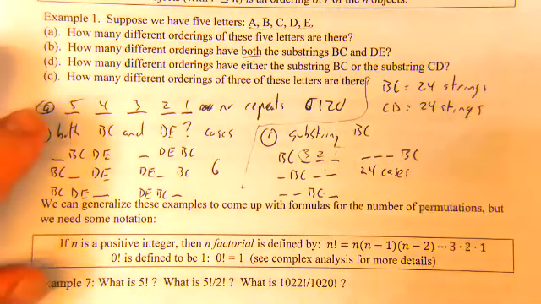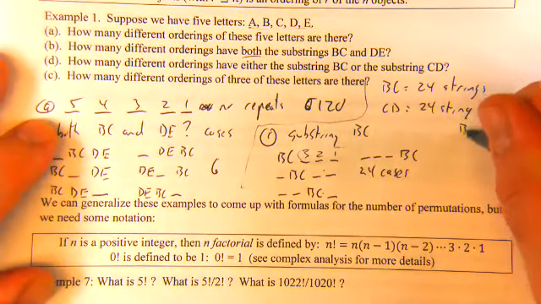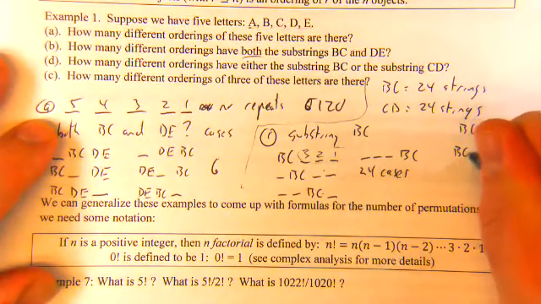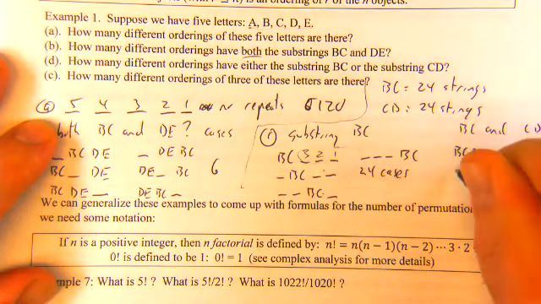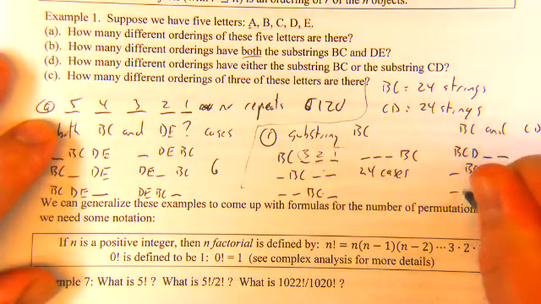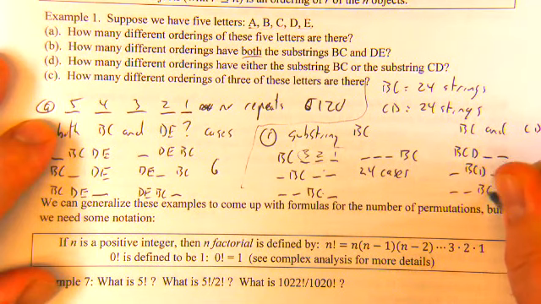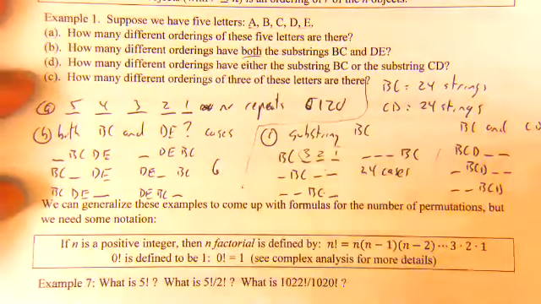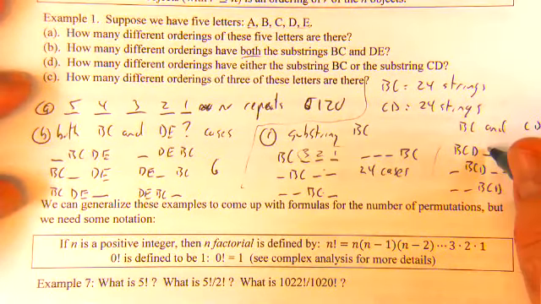Well, since they overlap, that means you can do BCD and then 2 more, or you could have 1 letter, BCD, and then 1 more, or 2 letters and BCD, like that. So BC and CD, you can have 2 choices, 1, so there's 2, 4, 6 cases there.